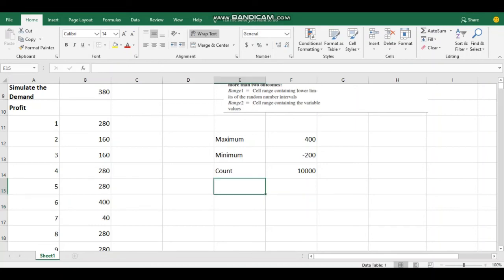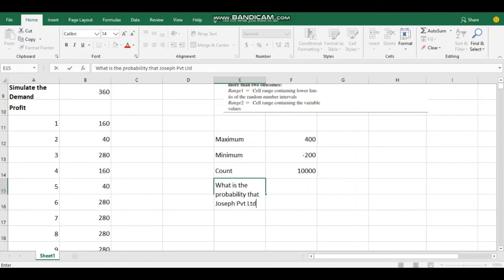Now what is the probability that he'll make loss or profit? What is the probability that Joseph Private Limited will have no profit, no loss?